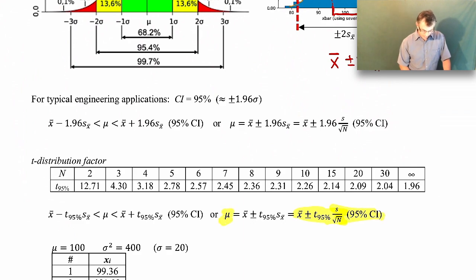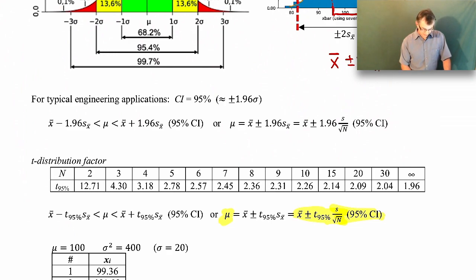In that case, what you do is the true mean will lie within the sample mean plus or minus this t-factor times the sample standard deviation divided by the square root of the number of measurements. And this is for 95% confidence interval, because this t-factor is specifically for 95%. There are other t-factors for different confidence intervals, but I'm just showing the one for 95%.